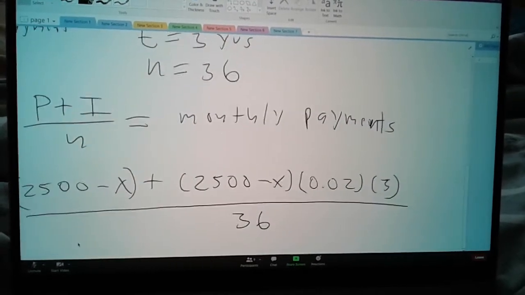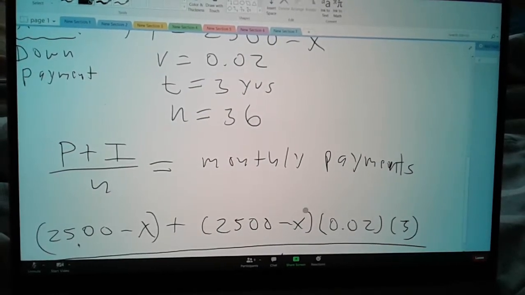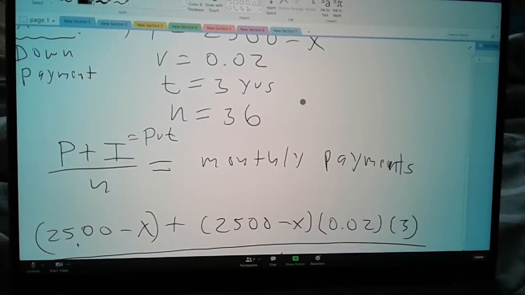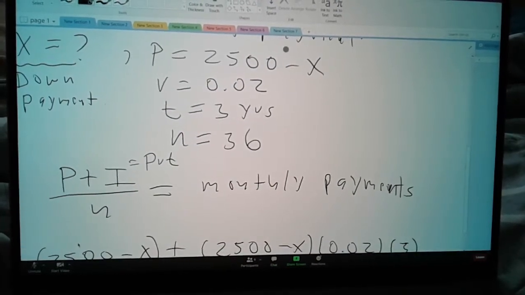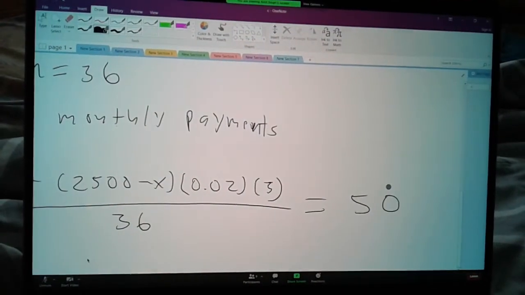So we have P, which is 2,500 minus X. And then here we have PRT. So I is equal to PRT. So you have to multiply these three things together. And that comes out to $50, which is the monthly payment.